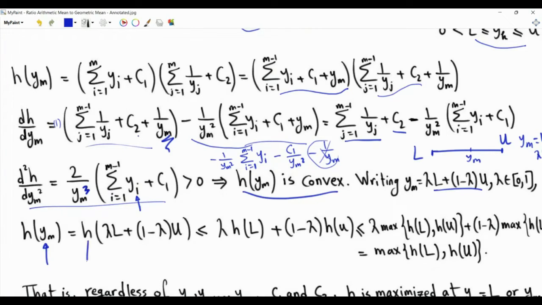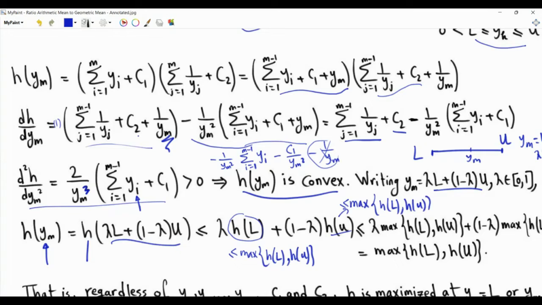Because of convexity, the function evaluated at lambda L plus 1 minus lambda U is less than or equal to lambda H of L plus 1 minus lambda H of U. Now, this H of L is less than or equal to the maximum of the two quantities H of L and H of U. And this H of U is also less than or equal to the maximum of these two quantities H of L and H of U. So we can upper bound H of L and H of U by the maximum of the two terms, take that as a common factor, and then we are left with lambda plus 1 minus lambda, which is 1.